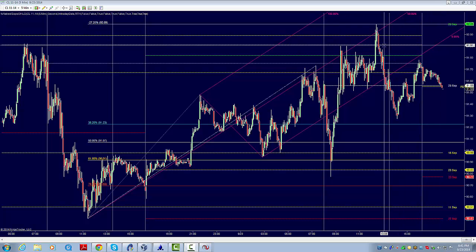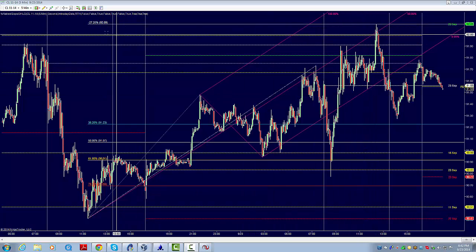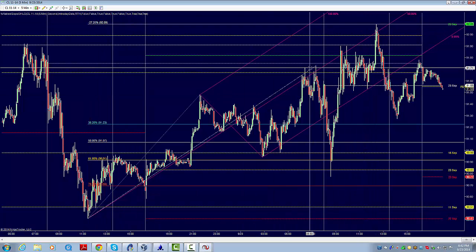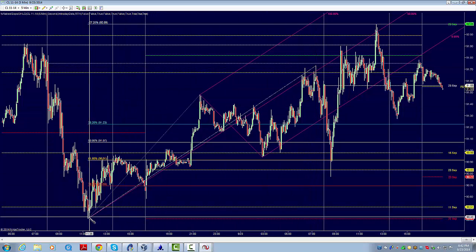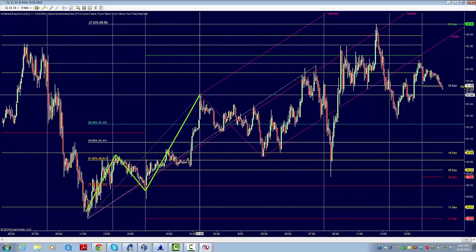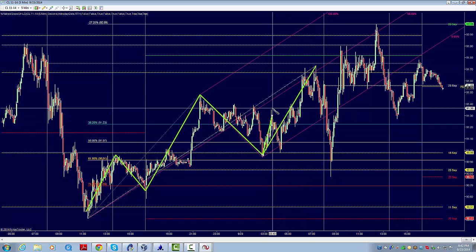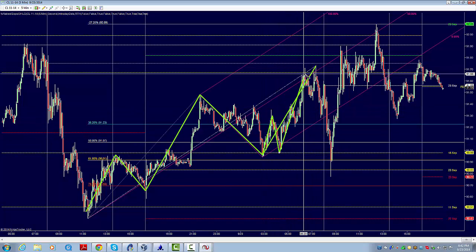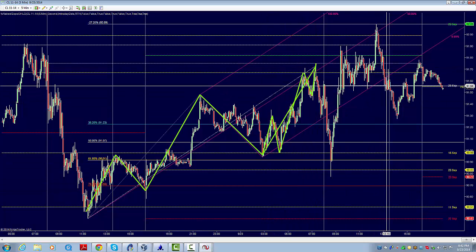I think this is really the last chart that I need to show. So what was this high? It was also the 27.2% expansion of this swing. So we have clearly the 1, 2, 3, 4, 5. And then what is the fifth wave? But 1, 2, 3, 4, 5.